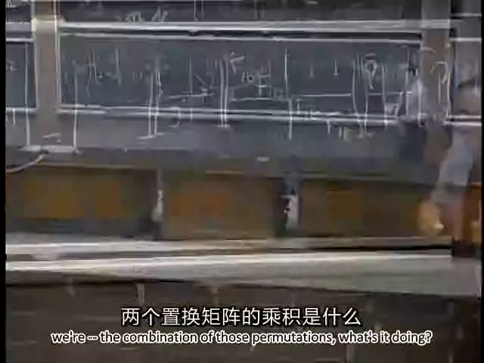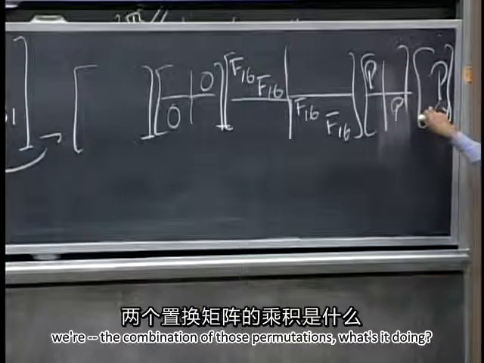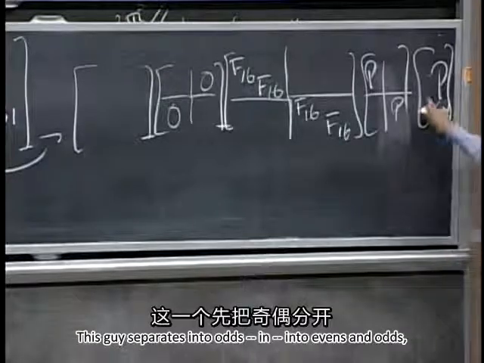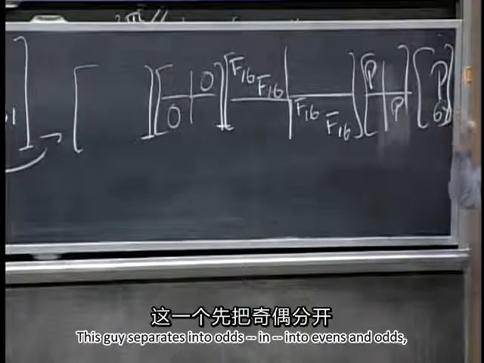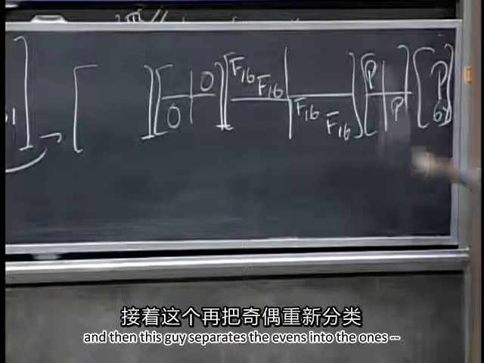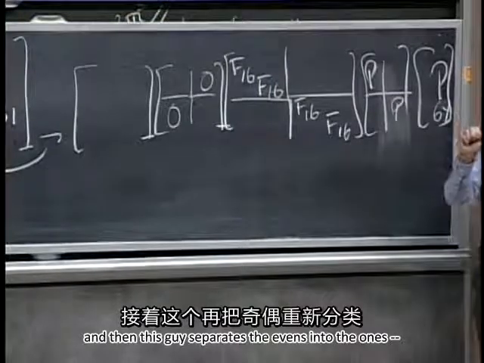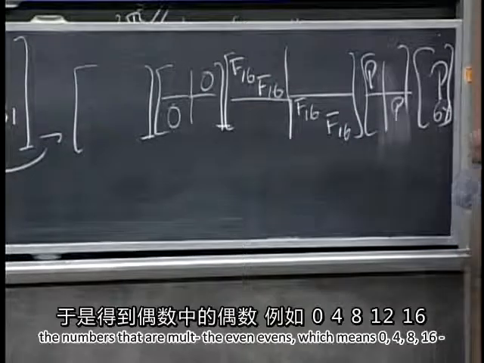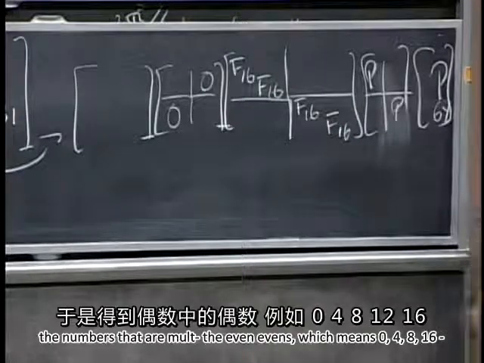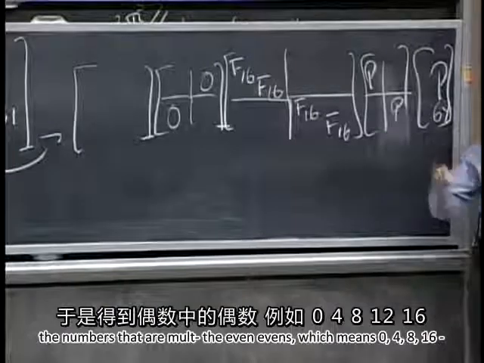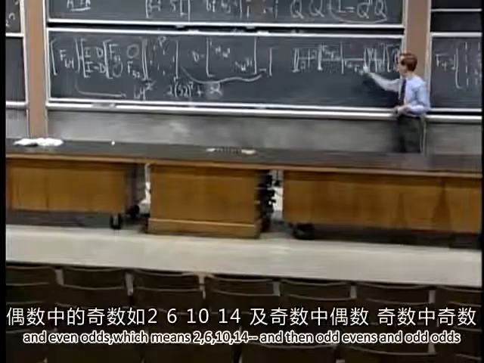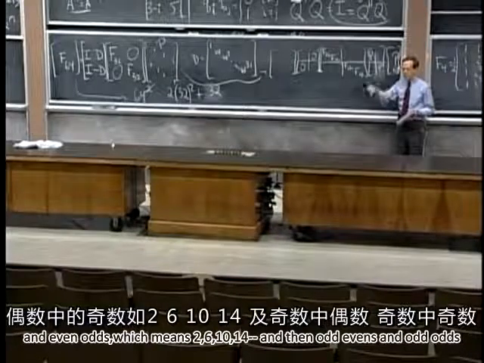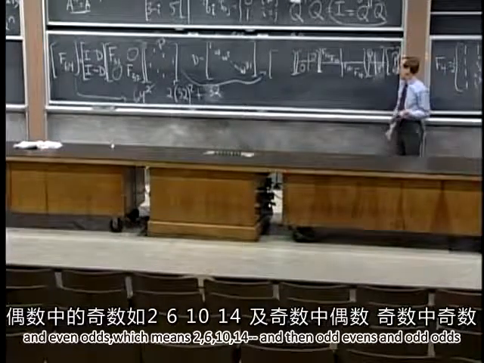So you see the combination of those permutations, what's it doing? This guy separates into odds and evens. And then this guy separates the evens into the even evens, which means 0, 4, 8, 16, and even odds, which means 2, 6, 10, 14.